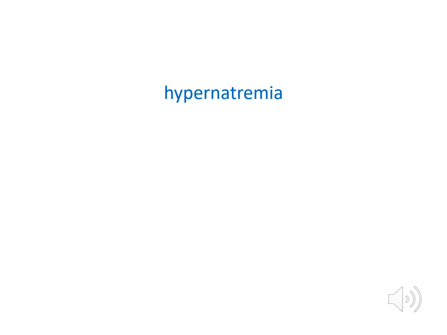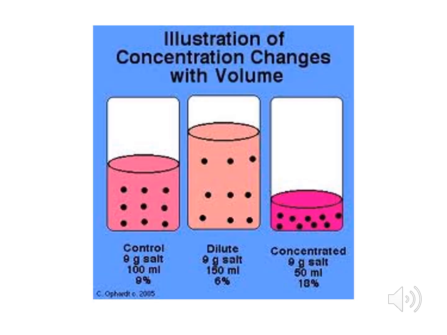The other way to become hypernatremic, though, is to lose a bunch of water without losing a proportionate amount of sodium. So that situation would be like the solution you see on the right, where we've lost fluid but we didn't lose sodium. And so now we're hypernatremic. That solution is very concentrated.